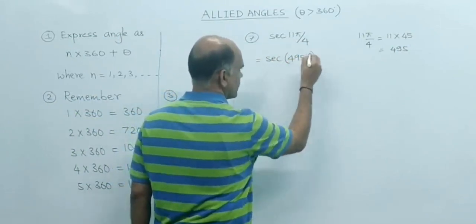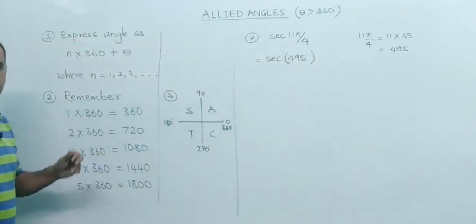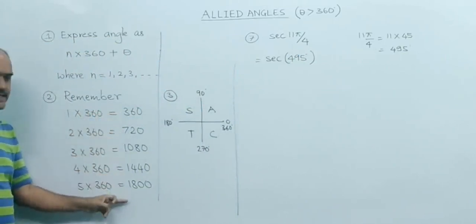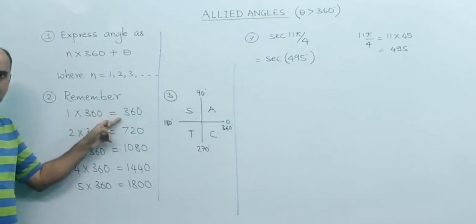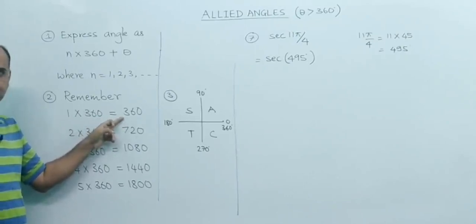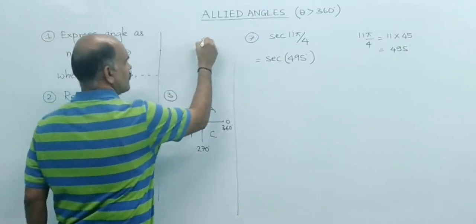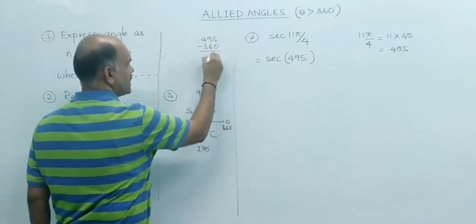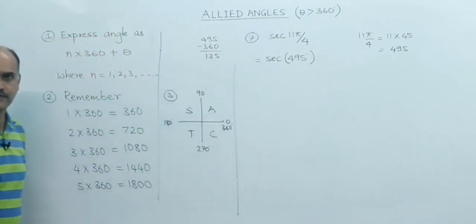Now again observe over here. 495 is greater than, correct, 360. How much is it greater than 360? You can subtract 495 minus 360, so you get 135.